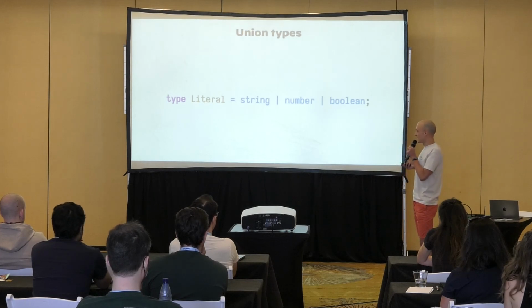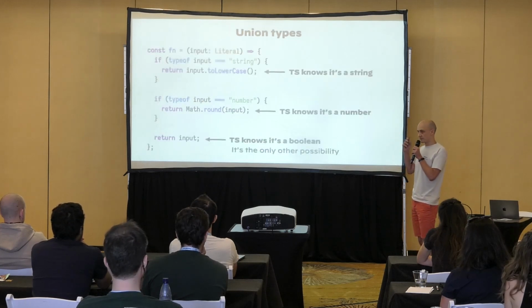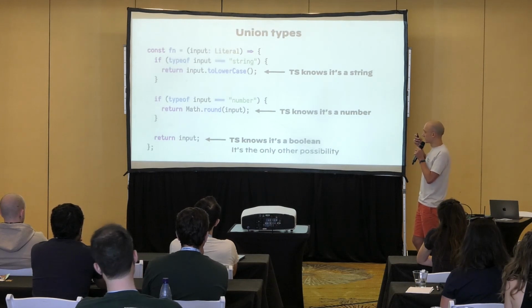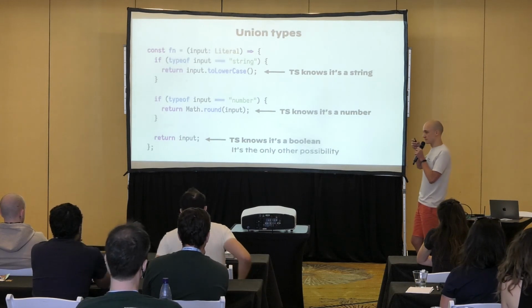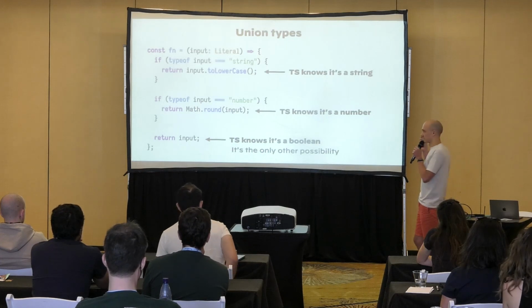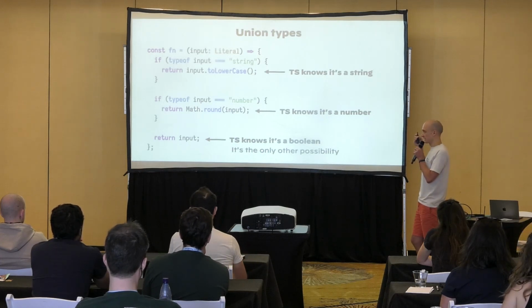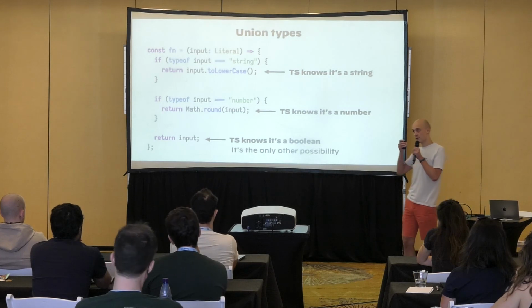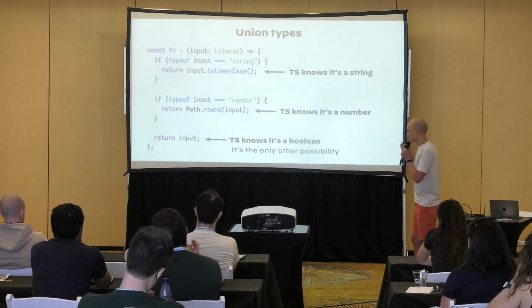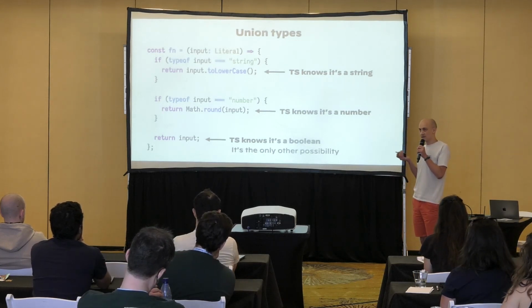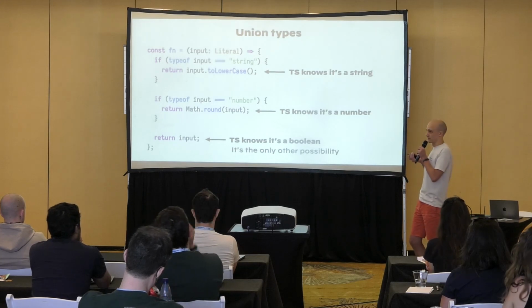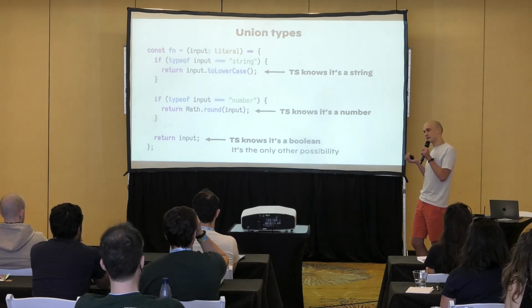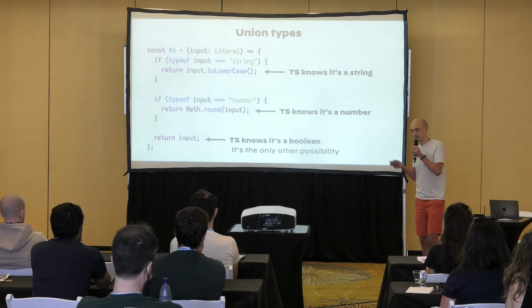So let's use this type as a function parameter. Here, if I check that input is a string, I can use string methods in this branch. Then if I check that input is a number, I can use number methods. And at the end, I know that it's not a string or a number anymore, so it has to be a boolean. TypeScript knows that.